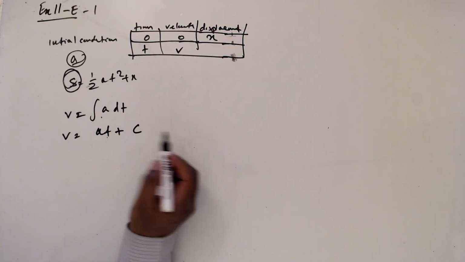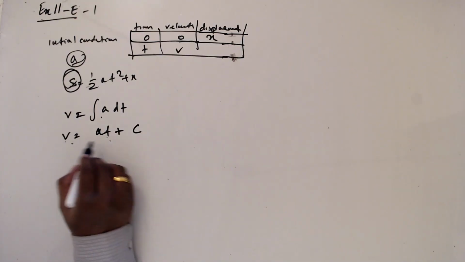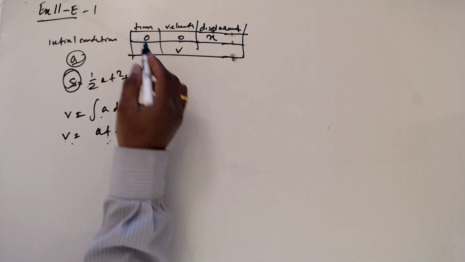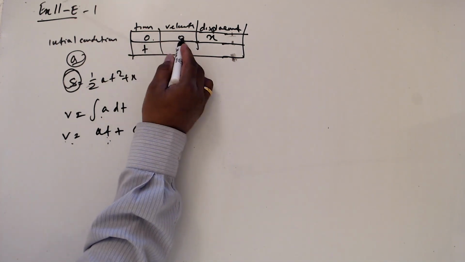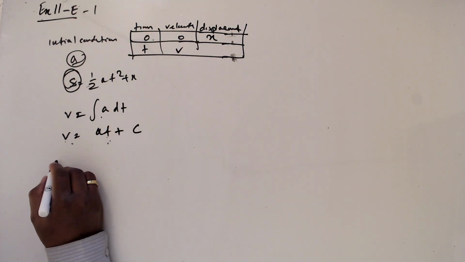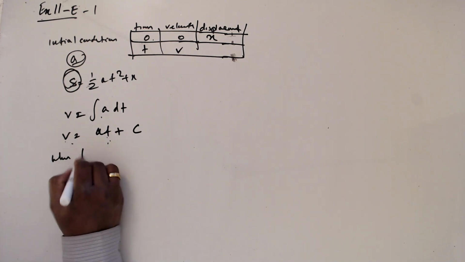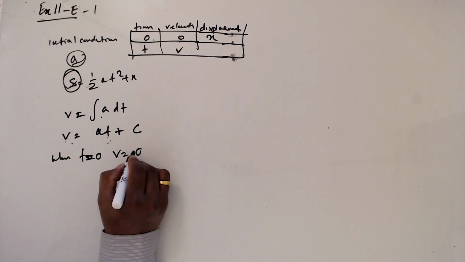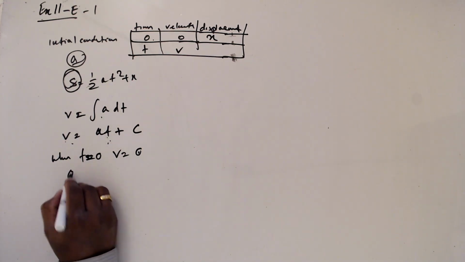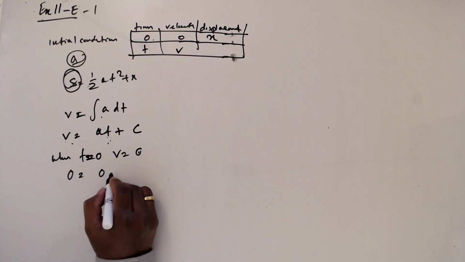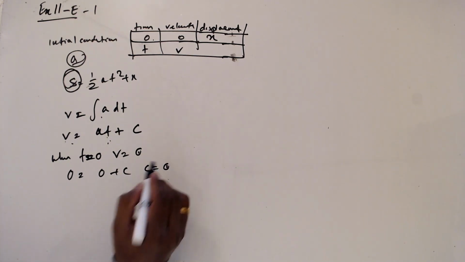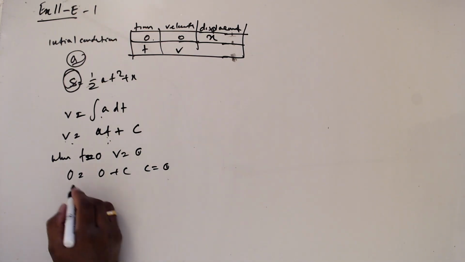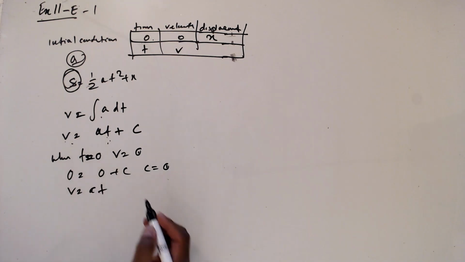Now we need to find c. So in the v and t relationship, we know that when t equals 0, v equals 0. So 0 equals 0 plus c, c equals 0. Then v equals at.